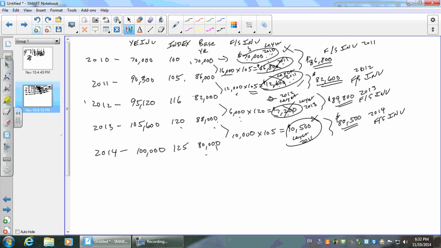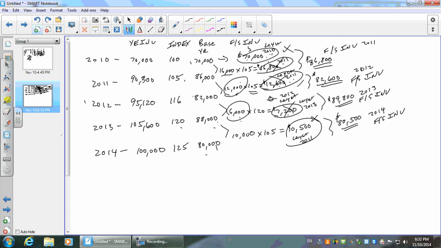Okay. We went down by 8, right? That killed off this 6. And I need 2 more. So I got rid of all the inventory that I added in 2013, and then I needed to get rid of 2 of this inventory from the year before. I just keep working back. As soon as one year is gone, I go to the year before.